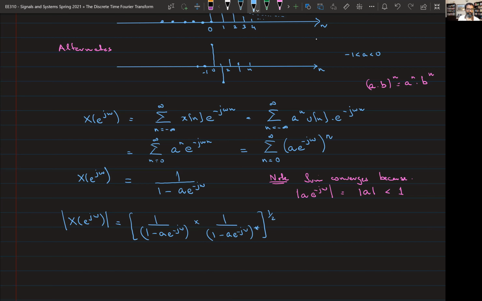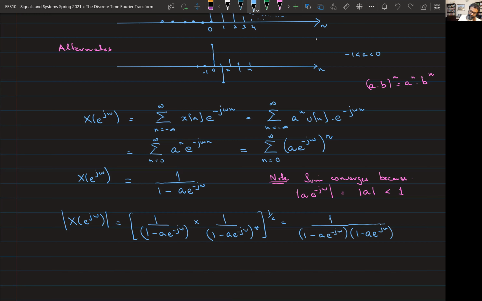That's how we compute the absolute value, right? Conjugation, that's all that happens.